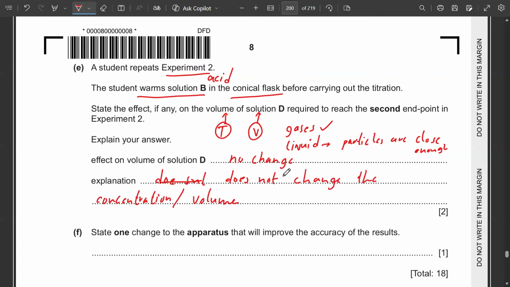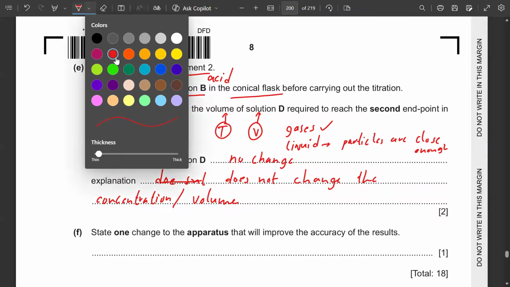There is no change in the concentration and volume, so that's why there is no change in the volume of solution D. I have explained why: the particles are already closer in the liquid phase of matter.